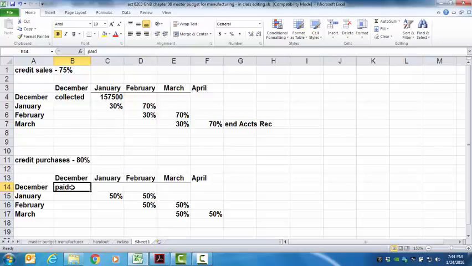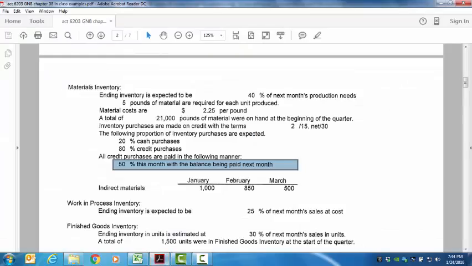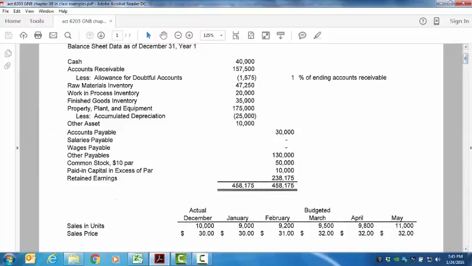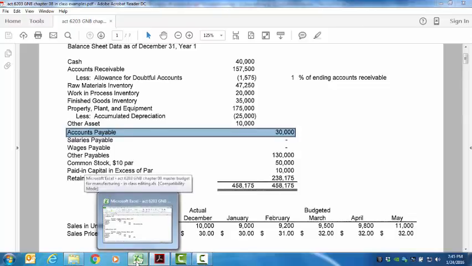You know how much you owe because what you didn't pay is still there. And we call this accounts payable. And if I go back to my data sheet, we can see that there is an accounts payable of $30,000. Now, that is what I need.